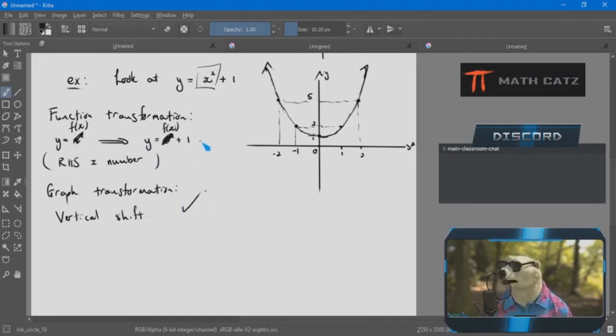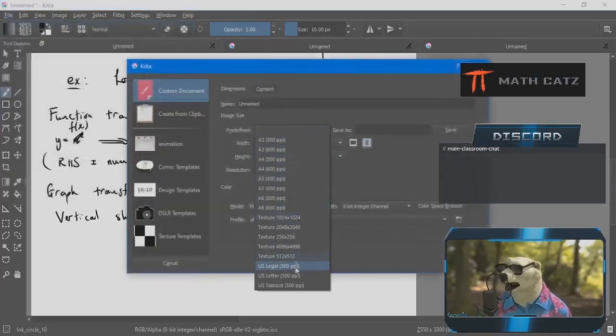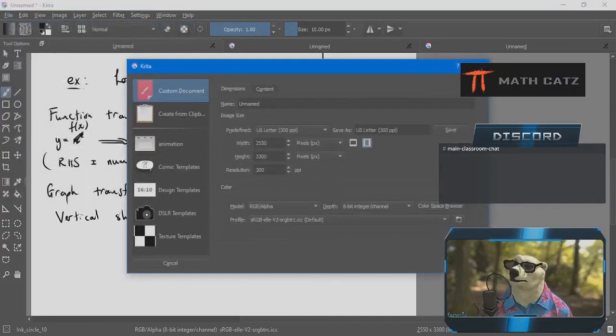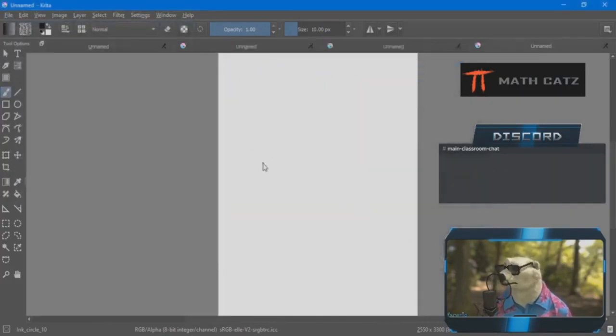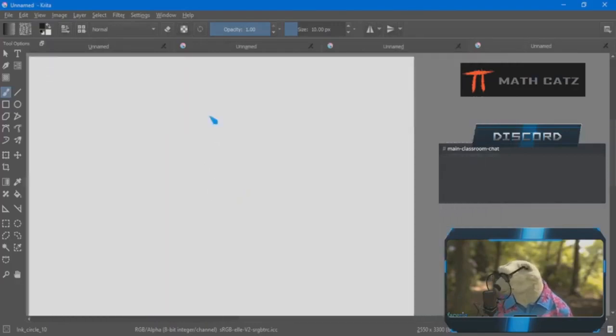It's always, if I do something to the function, then there may be a predictable change in the graph as well. All right. So let's look at how else we can change the function so that the graph is predictable.